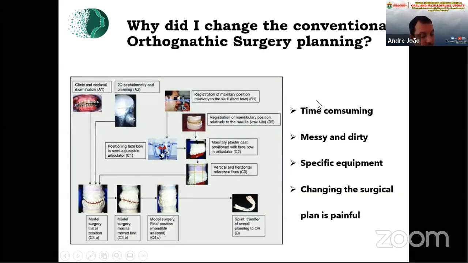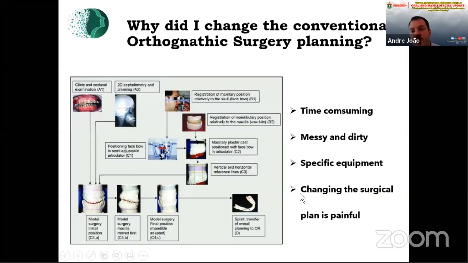Since I finished graduation, I only worked with surgery, and I don't have much ability with prosthesis, so working with plasters and models consumed time and was messy. Whenever I had to do a model surgery, I created a lot of dirt, with powders spreading all over the room. So for me, it was a bit messy.